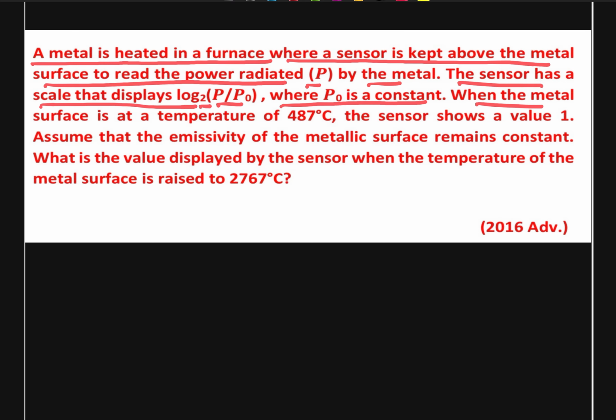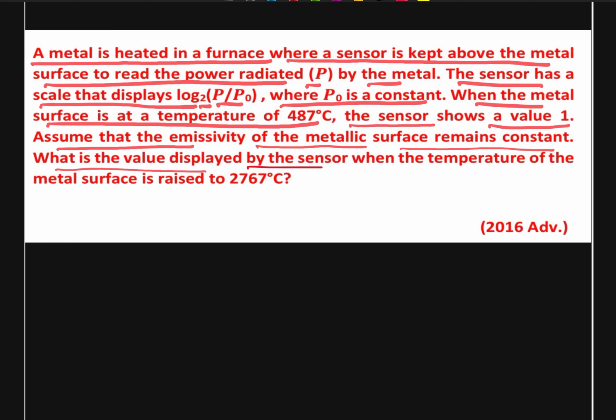When the metal surface is at a temperature of 487 degrees centigrade, the sensor shows a value 1. Assume that the emissivity of the metallic surface remains constant. What is the value displayed by the sensor when the temperature of the metal surface is raised to 2767 degrees centigrade?